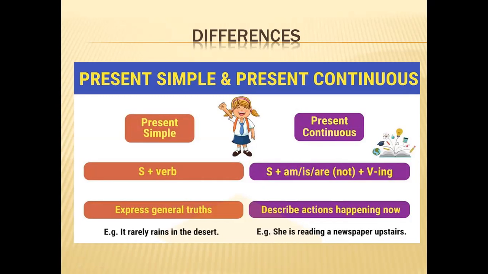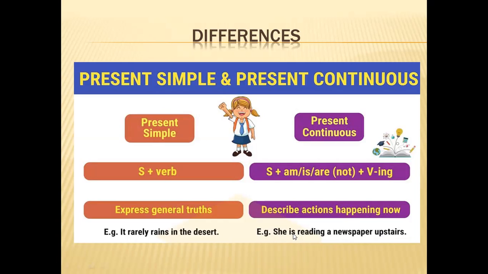Very good. And now, present continuous is used to describe actions that are happening now, at the moment of speaking. For example, she is reading a newspaper upstairs.